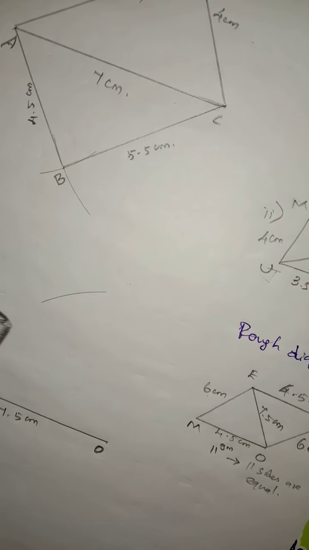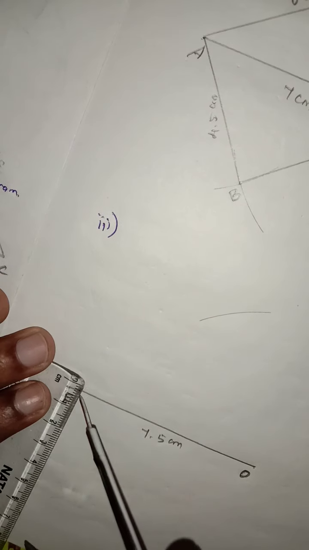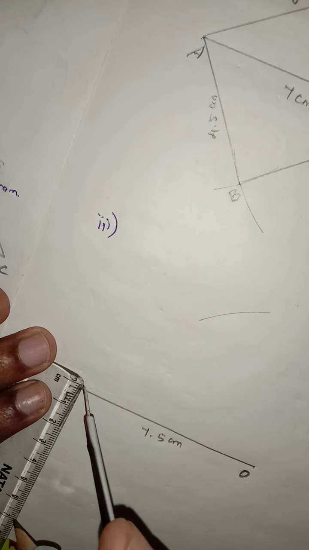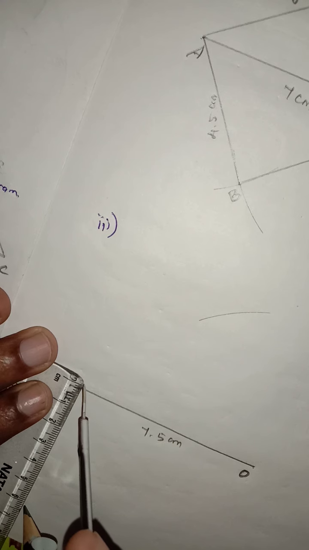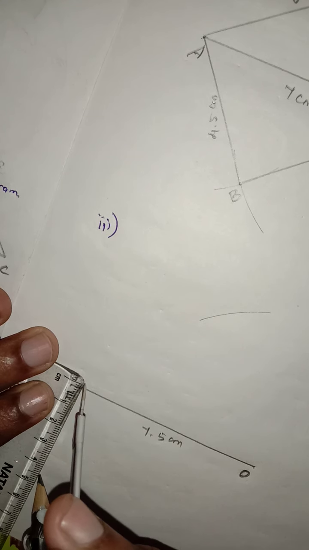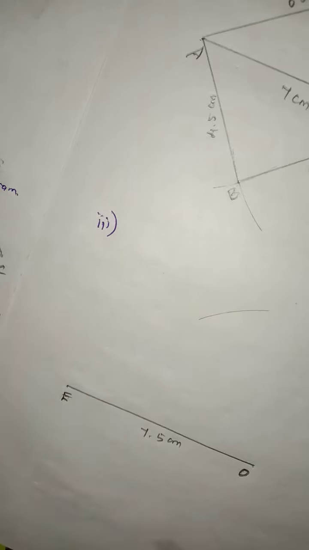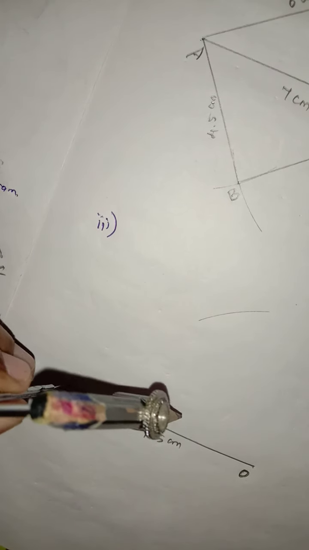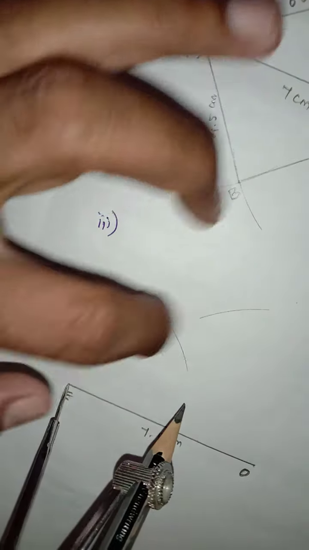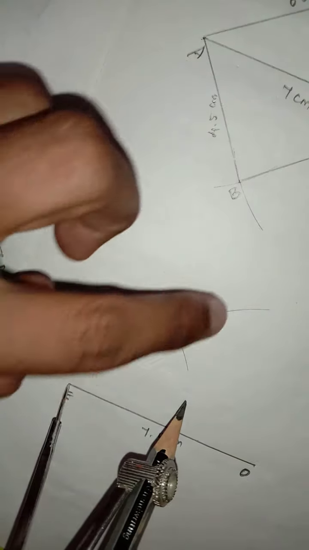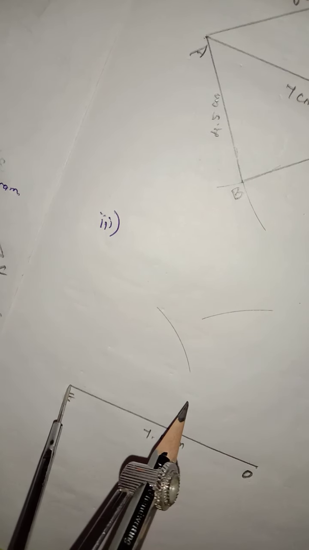Next, keeping the compass on E, we draw an arc of 4.5 centimeter. Sometimes you will get a shape like this, where both arcs will not meet each other.